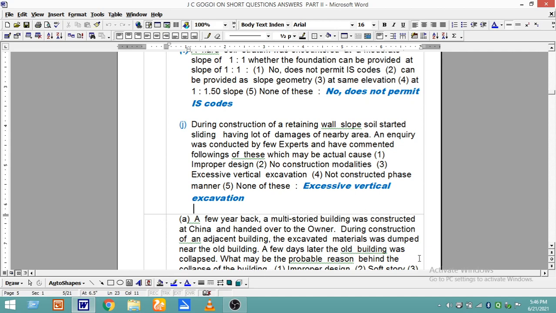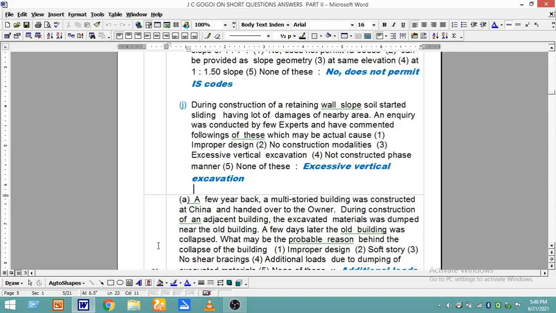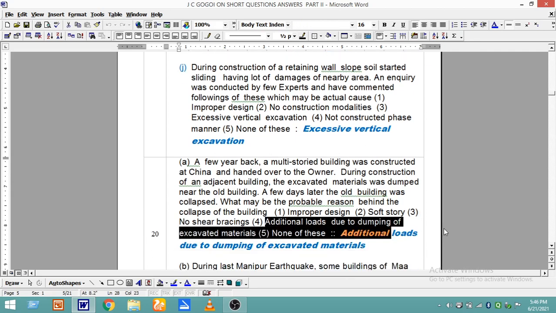What may be the probable reason behind the collapse of the building? The answers are improper design, soft story, no shear bracing, additional load due to dumping of excavated materials.